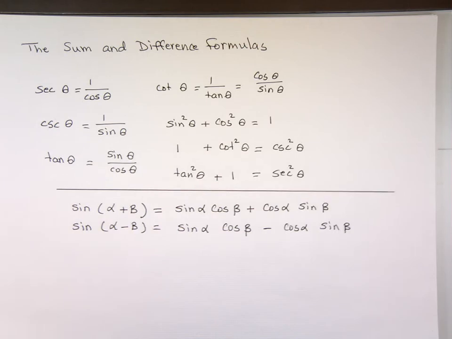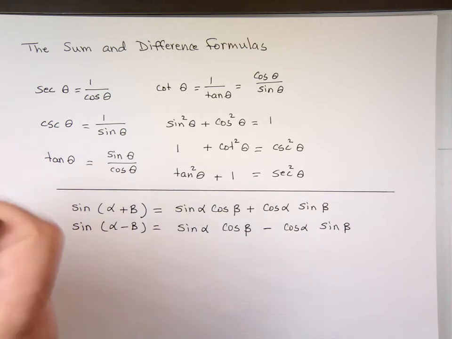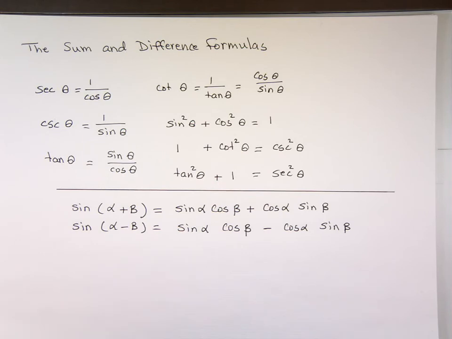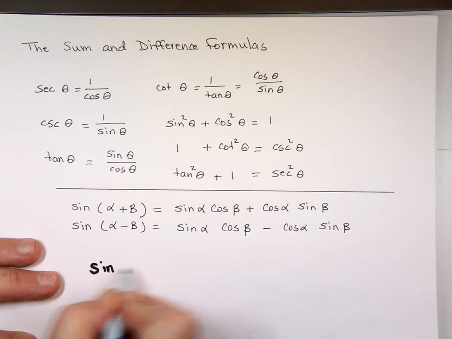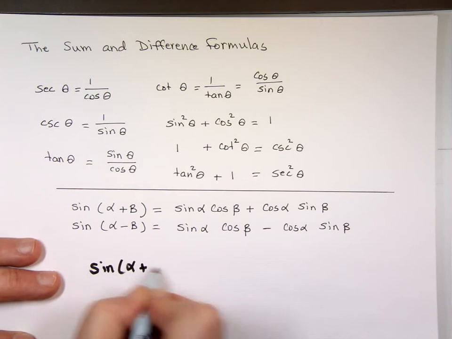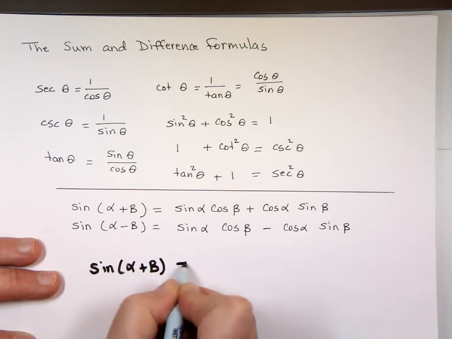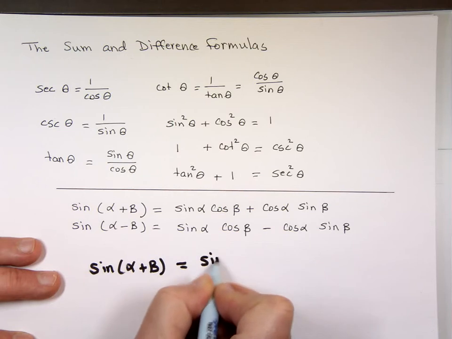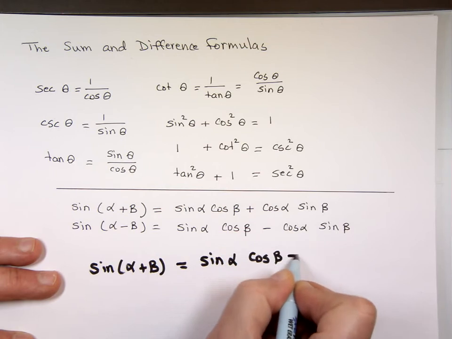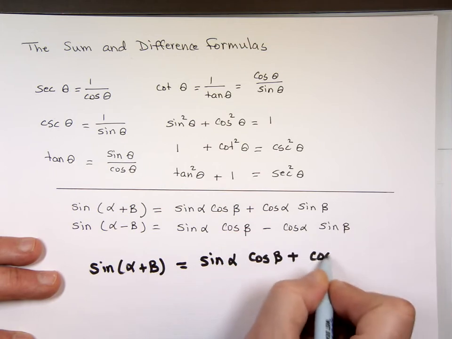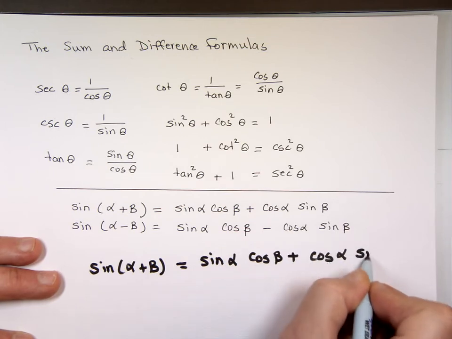I know they squeak. They'll combine them into one. They go sine of alpha plus beta is equal to sine of alpha cosine beta plus cosine alpha sine beta.